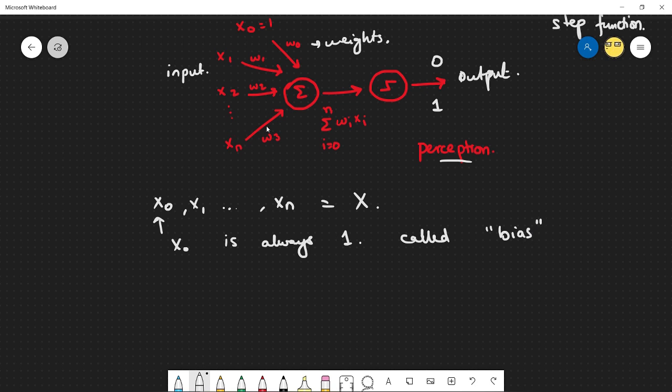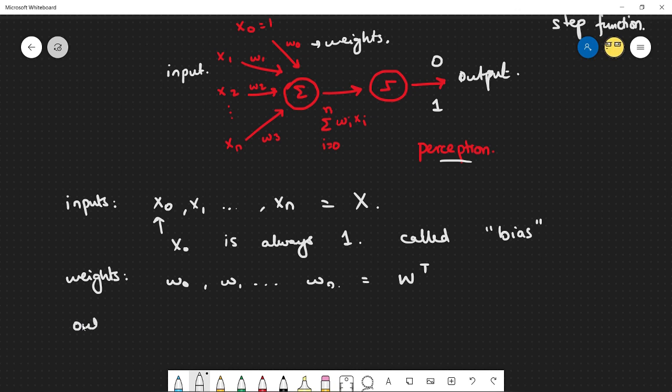Whenever we're giving inputs to our perceptron, we're always going to have X0 by itself, and it's always going to be the value 1. And then if these are my inputs, I have my weights here, and they're basically W0, W1, all the way to Wn. I'm just going to call them W transpose, so the dot product makes sense in this case.